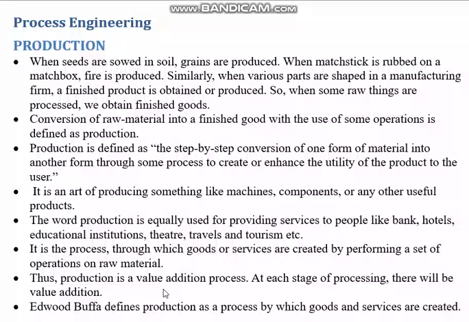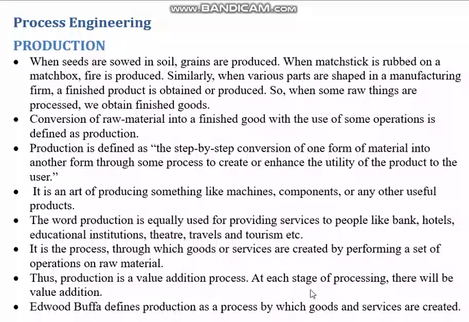Similarly, for the vegetables, what has happened to them? By providing heat, by adding some spices and some oil and other things, we are adding value so that the final product is a very delicious curry. At each stage of processing there will be value addition.